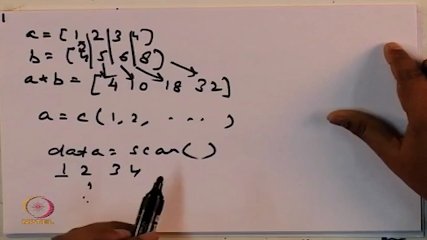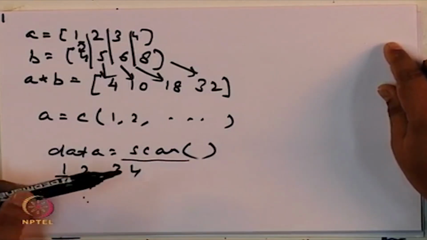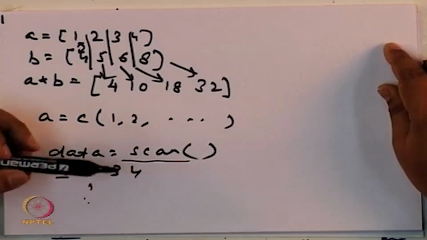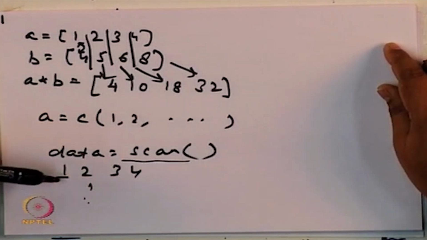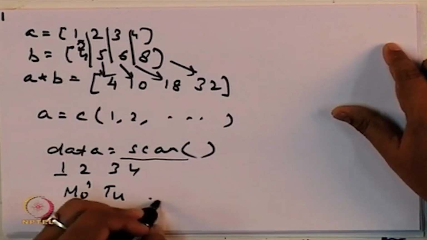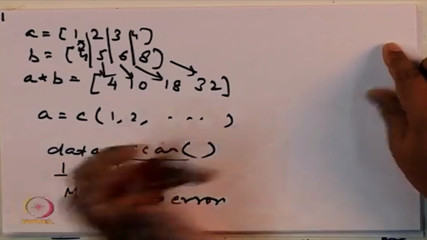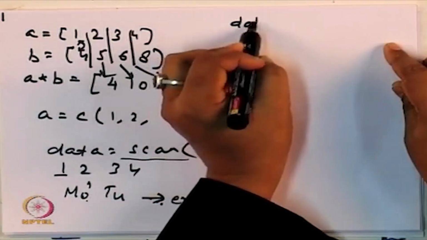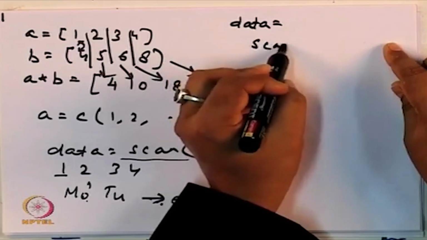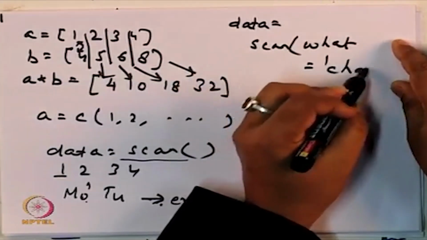Okay. The most important thing to note is that when you write the function scan, by default the software assumes that these numbers are real. So if I write Monday or Tuesday, then immediately this will give an error. The way around it is to write data is equal to scan and add an additional term, what is equal to char.